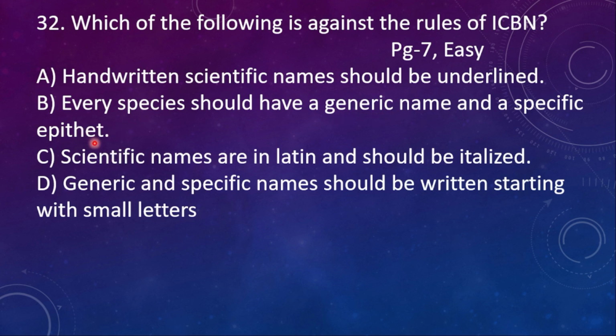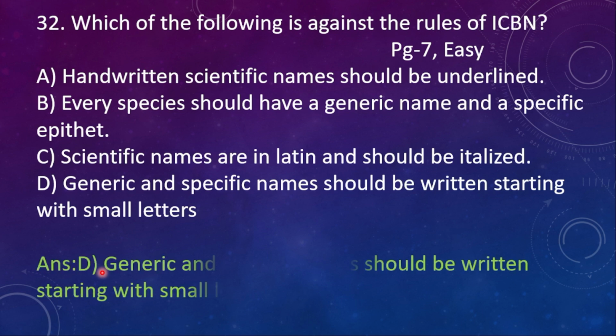Genus and then species he is talking about. Specific names are in Latin and should be italicized. This is also correct. Generic and specific names should be written starting with small letters. No. Generic name must start with a capital letter and specific name must start with a small letter according to the ICBN. So what is against the ICBN rule is option D.